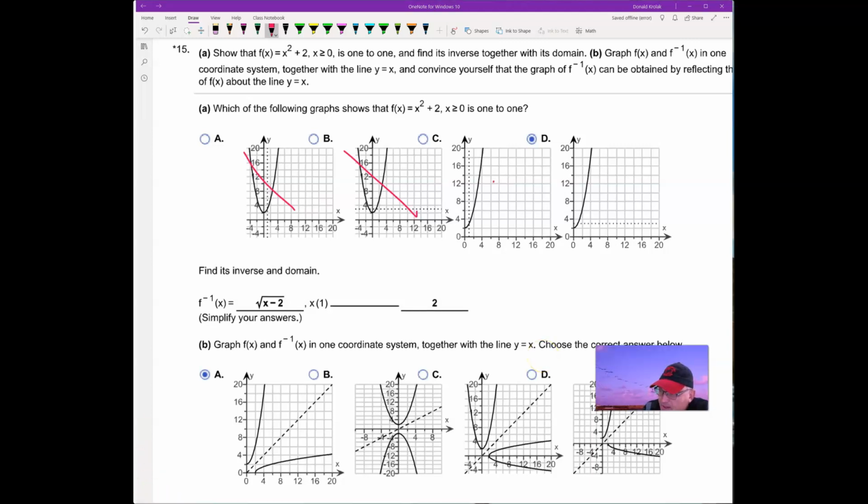The way that we can tell they're different is this one is using a vertical line test, and this one is showing the horizontal line test. The horizontal line test is what we use to tell if something is one-to-one. So this guy here passes the horizontal line test. Therefore, it is a one-to-one function.